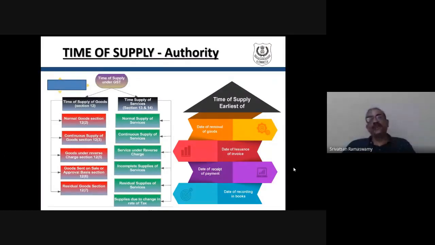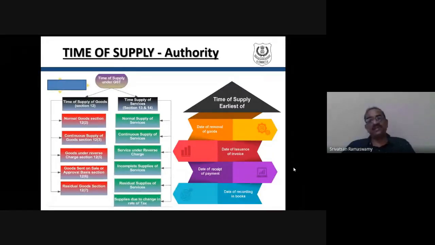For instance, if I enter into a contract with somebody on 1st of April to supply goods on 15th of April, then on 15th of April I will have to supply goods to him. Earlier, under the excise duty provisions or the sales tax provisions, the taxable event had to happen for the liability to be created.